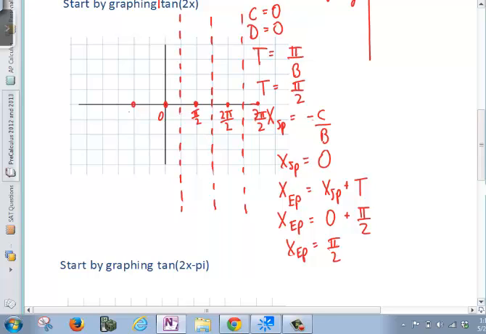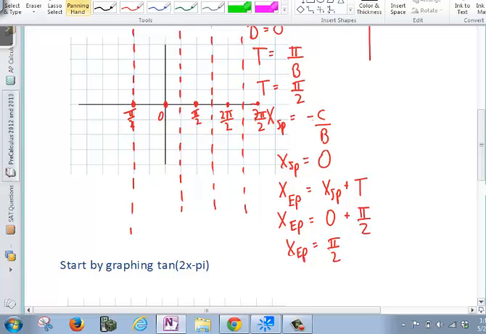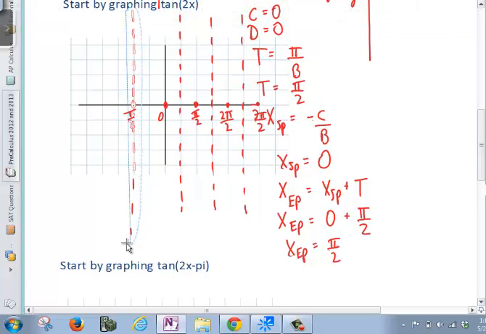So over here at negative pi over 2, I have another 0 because of the periodicity of the function. And, oh, I think I made a mistake. Let me just correct that. I'm just going to move that along. And I think this value is incorrect.